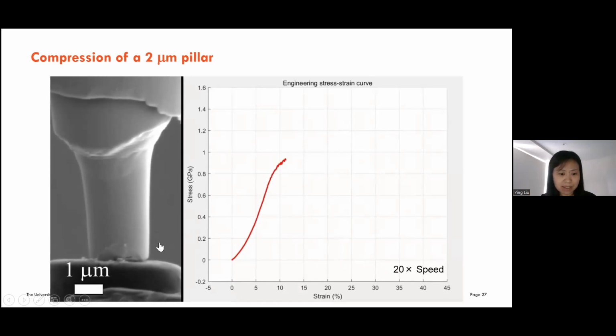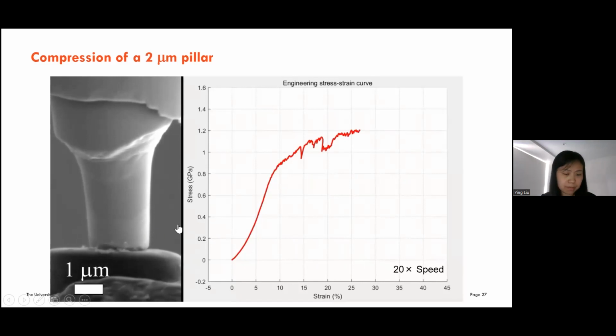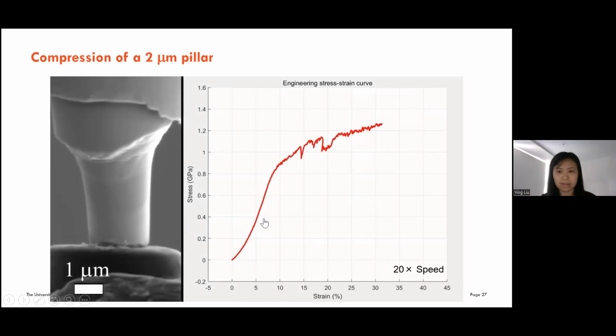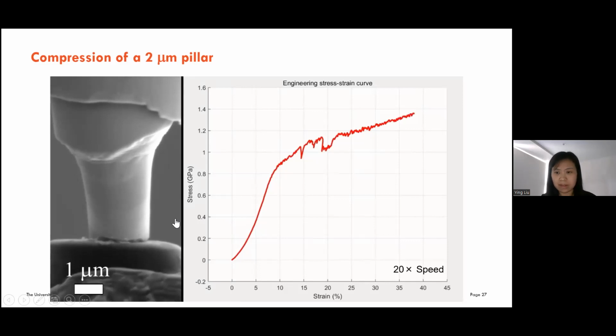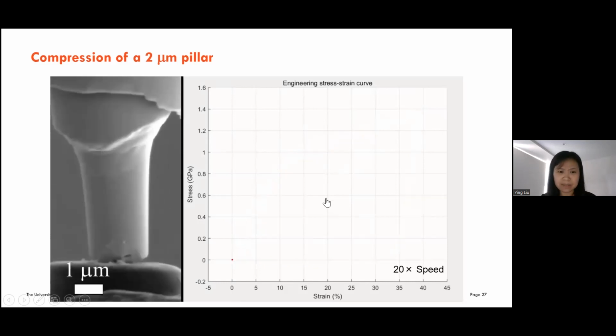Now it is the elastic deformation. And now the plastic deformation gets started, if you can see here. And after removing the indenter, it didn't get cracked.